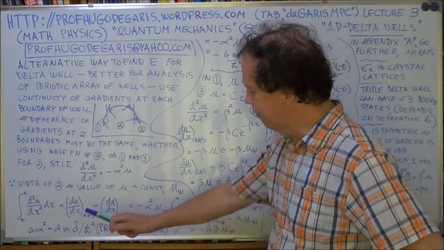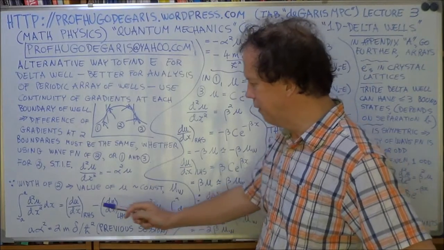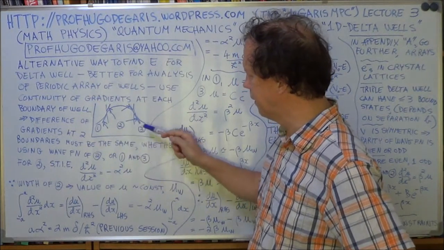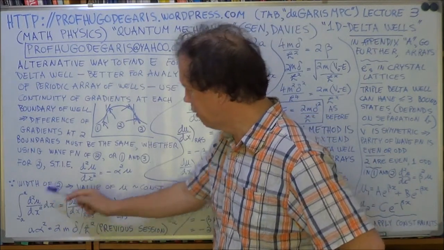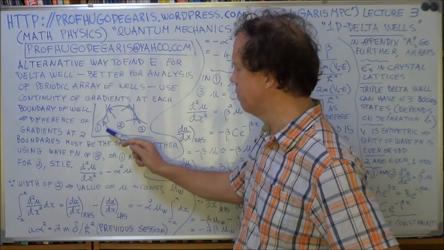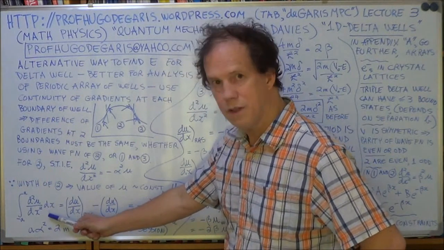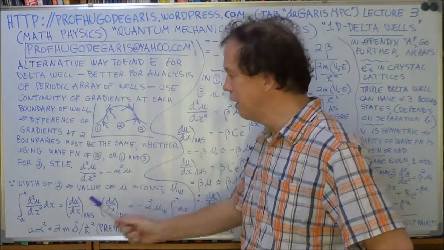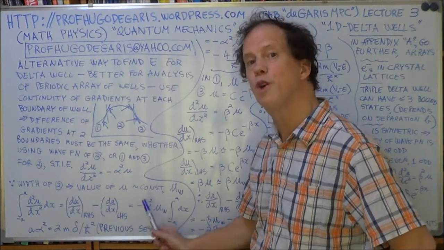Now we can find this difference in the gradients by just integrating this expression over region 2, over the region minus a to a. If you integrate a second differential, going back to high school calculus, you'll get the difference of two first differentials.